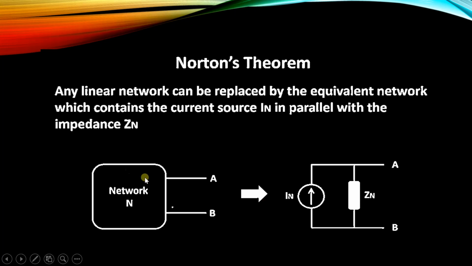We have a network and the terminals A and B. When we convert this network using Norton's theorem, it is transformed into a current source IN, Norton's current, and a parallel impedance Zn. Any network transformed into such a network is called Norton's circuit.